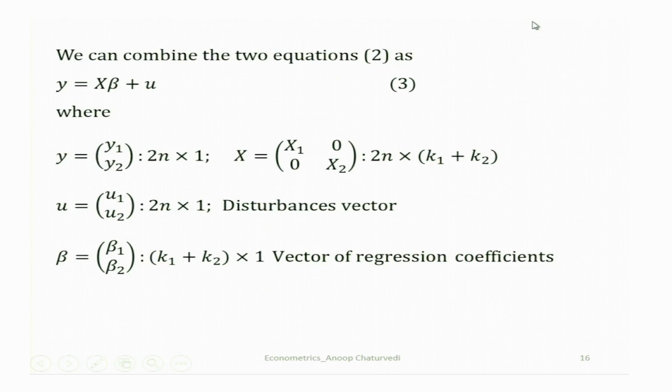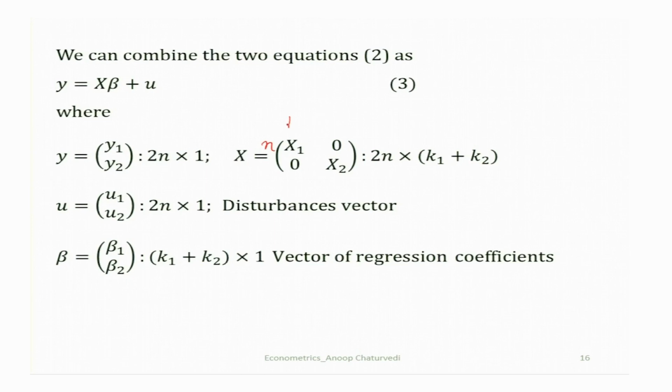Now we combine these two equations, equation 1 and equation 2. So we write y equal to y1 y2. This y is a 2n cross 1 vector, and then we write X equal to X1 X2, a 2n cross k1 plus k2 matrix.